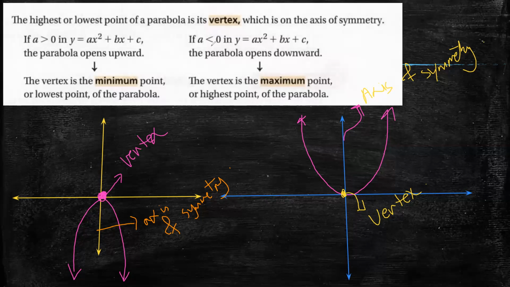Now, when is the vertex the highest point and when is it the lowest point? Look here at this function, y equals ax squared plus bx plus c.